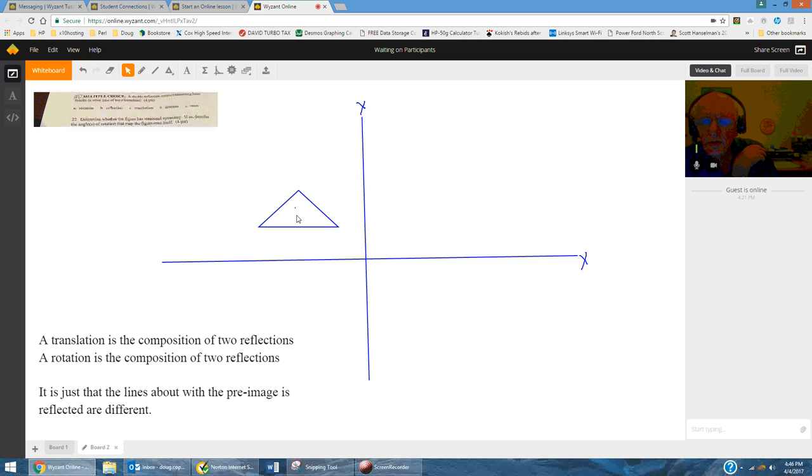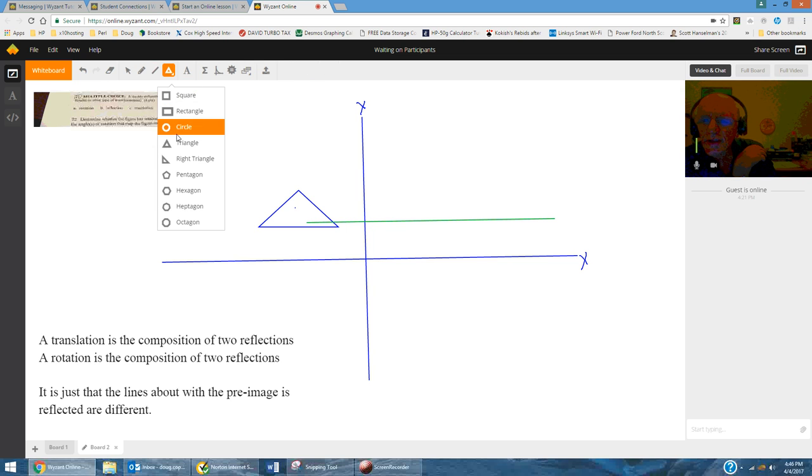For a translation of this triangle, we just mean we're going to move it in this direction, perhaps. I should have had a line with an arrow on it, and translate it over to here. And so I'm going to draw another triangle.